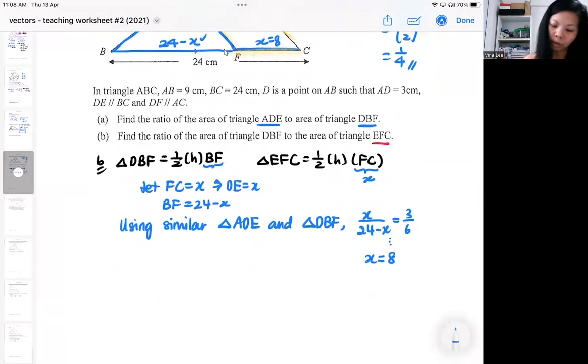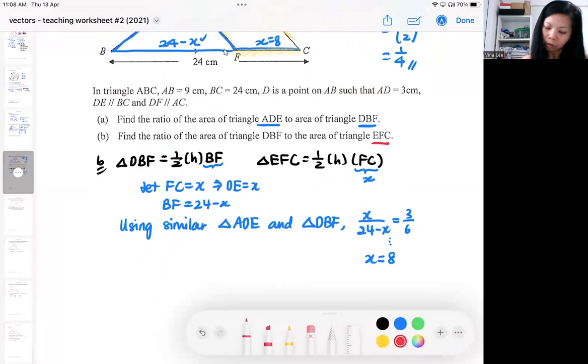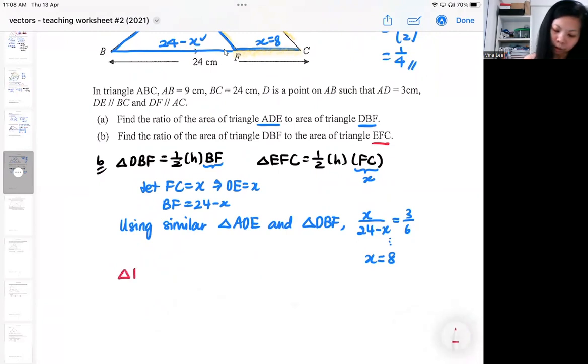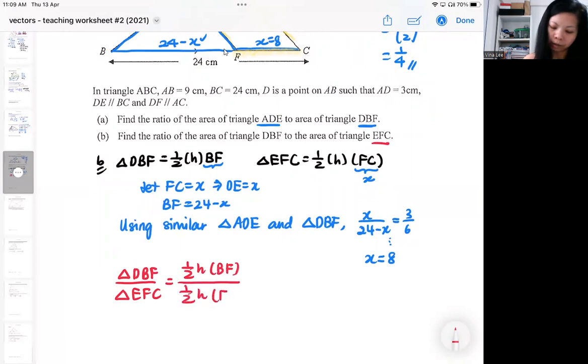And then this part will be 24 minus 8. With all these, I can find the ratio: triangle DBF over triangle EFD. So half times height times BF, over half times height times FD. Cancel.